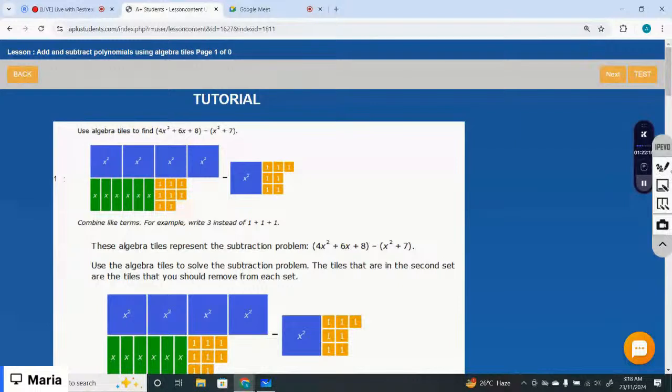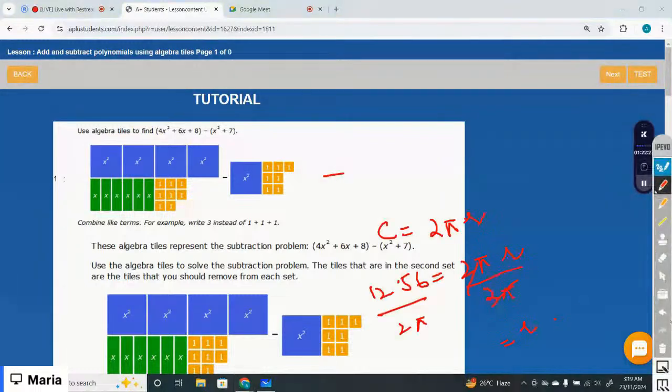So you have to subtract, right? So you are subtracting, so the same tiles cancel out each other. You have to minus. So the x square tile cancels out with one x square tile.